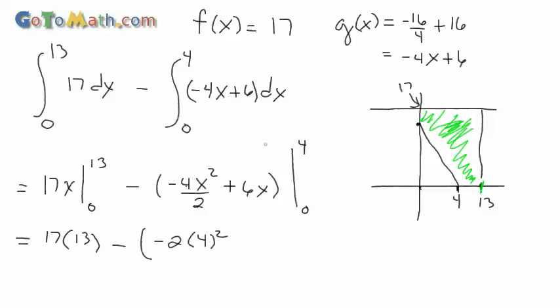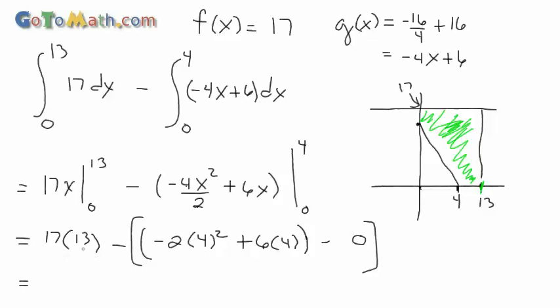We're plugging in the 4 here. Plugging in the 0, we just get 0, so I didn't even write it in. Plus 6 times 4. And then, of course, we go minus, plugging 0 in, we just get 0. So don't worry about that.